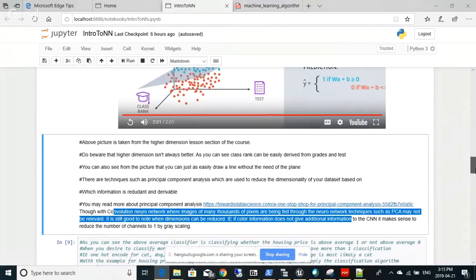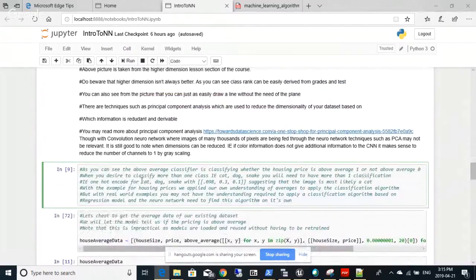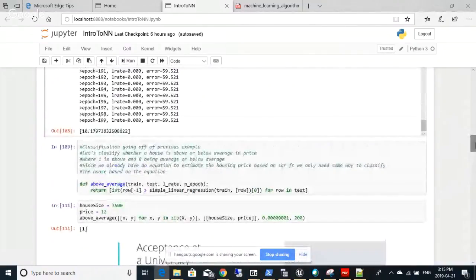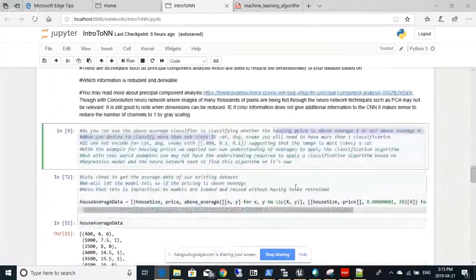Okay. So here's another thing to mention: the classifier we used above for the averages, we applied our own intuition, right?